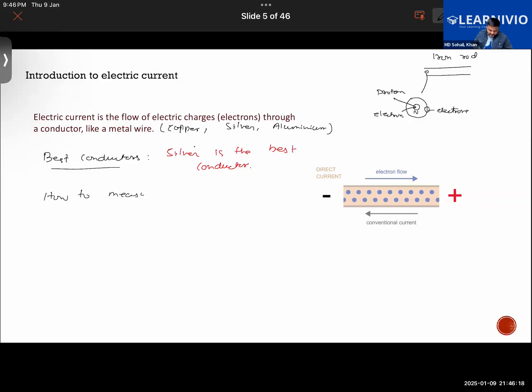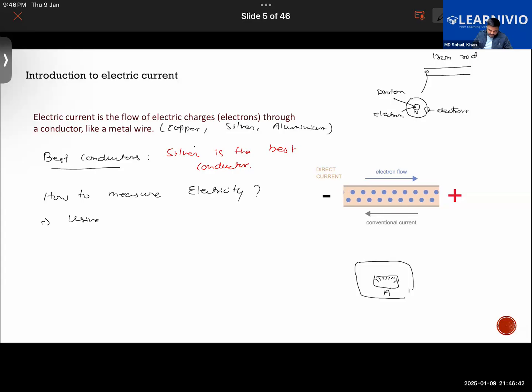Have you gone to the physics lab, anyone in your school? Yes, sir. There you must have seen an ammeter, a black instrument like this. It will have a meter on it, and somewhere A would be written like this. You might have seen this, I suppose. That is called an ammeter.